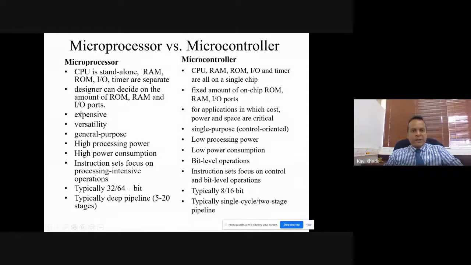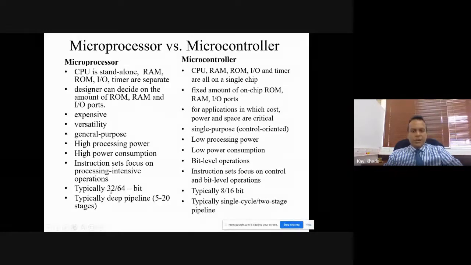A microprocessor tends to be expensive. It is more versatile. It can do different things, whereas a microcontroller is for a specific purpose. This is why we call this one general purpose. And you have high processing power on this side. Obviously, because it has high processing power, there is high power consumption as well with a microprocessor.